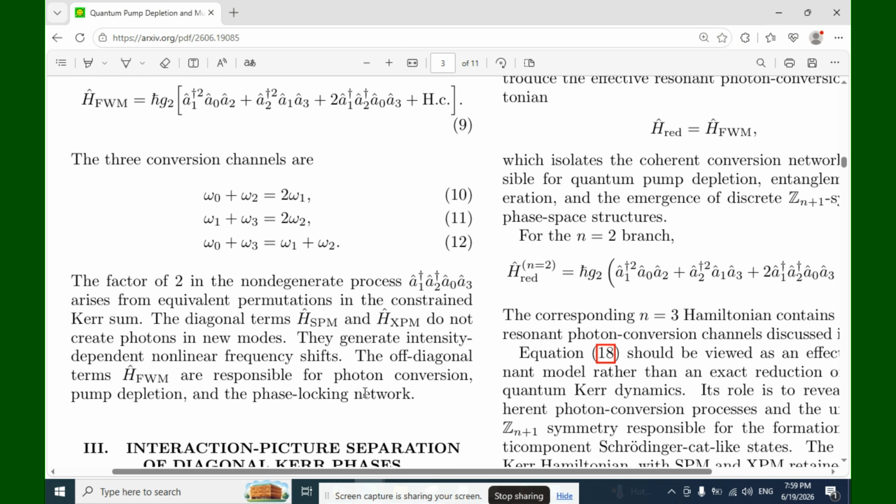The diagonal terms H_SPM and H_XPM don't create photons in new modes; they generate intensity-dependent nonlinear frequency shifts. The off-diagonal terms H_FWM are responsible for photon conversion, pump depletion, and the phase-locking network.